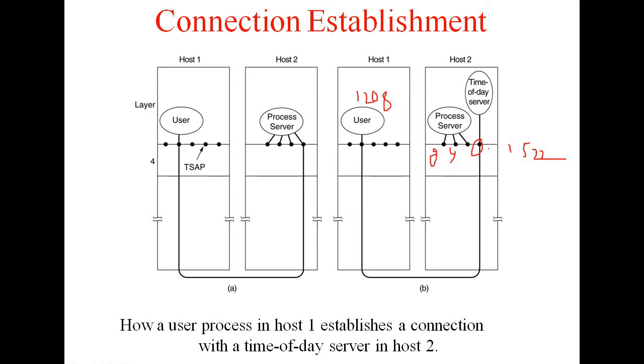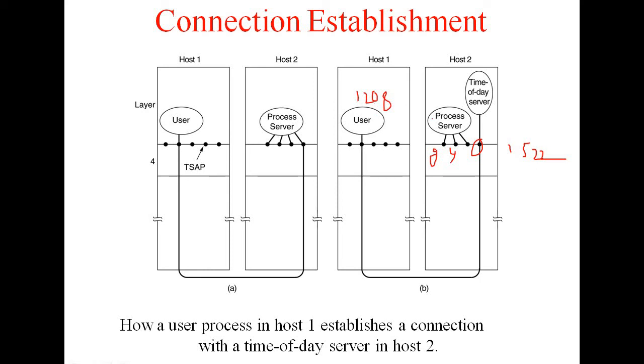That listen primitive will be generated by host 2, and then it will attach itself to 1522. There can be many other processes also. For example, one service may give information for Gmail, or another for Yahoo Mail and so on. But host 1 is interested only in 1208.